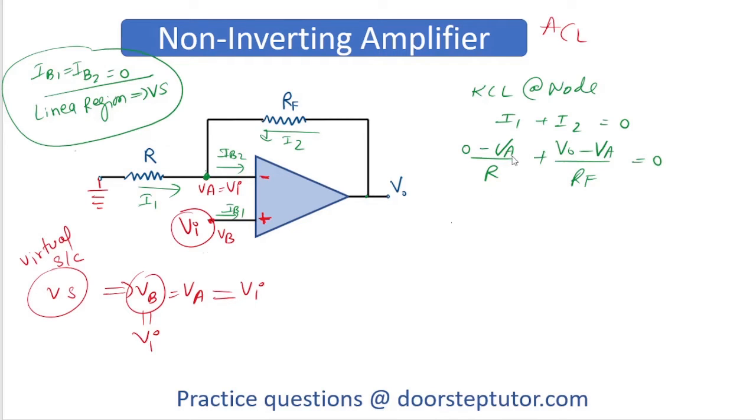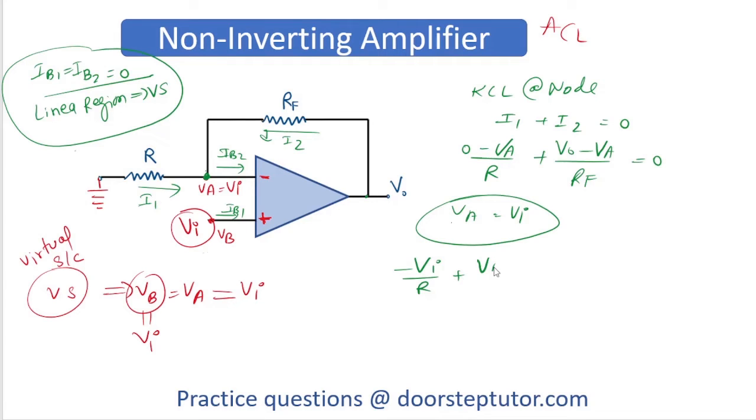We know the value of VA is equal to Vi in this case. So we can write minus Vi upon R plus V0 minus Vi upon RF equals 0. From here we have to find the value of V0.